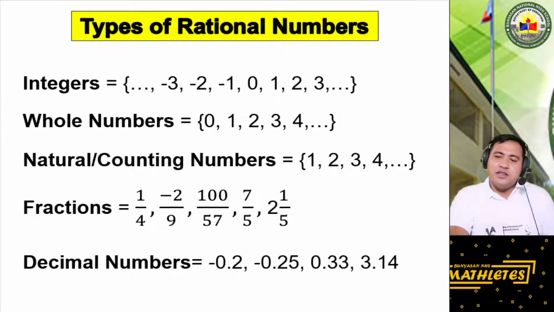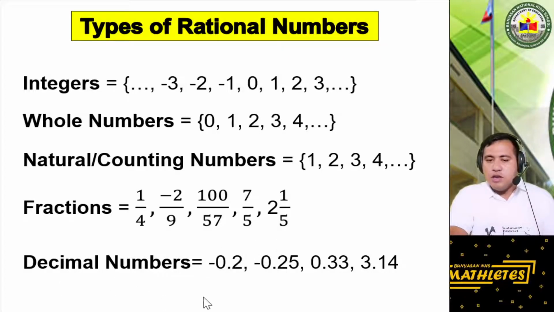If you still remember, the decimal places are tenths, then hundredths, thousandths. Next to thousandths is ten-thousandths, then hundred-thousandths, then millionths. Those are the decimal places.